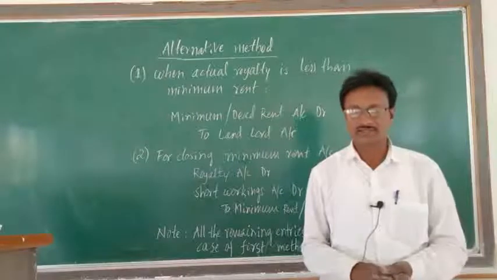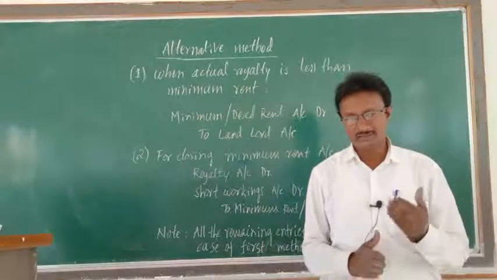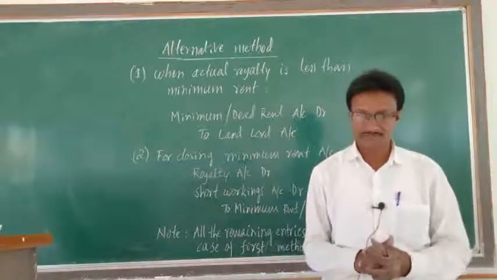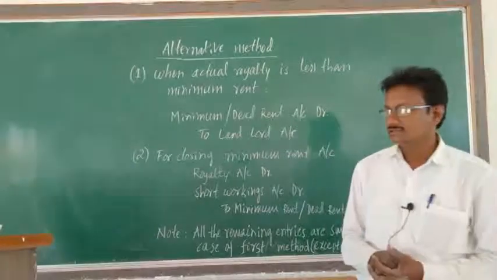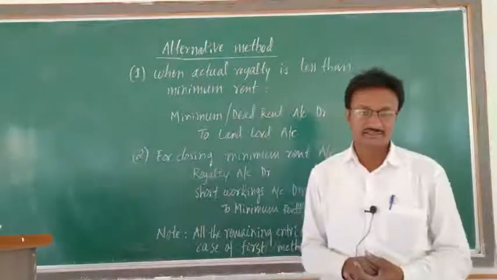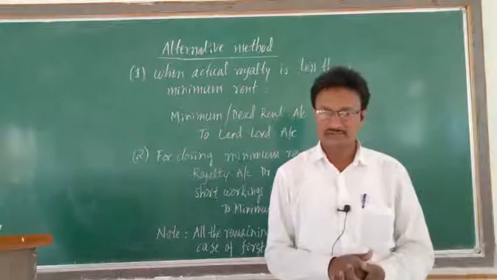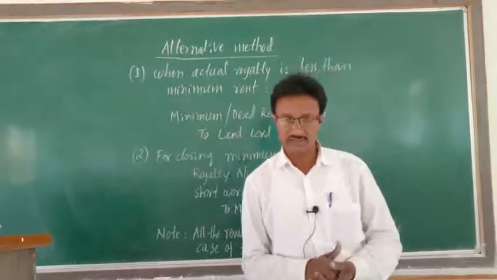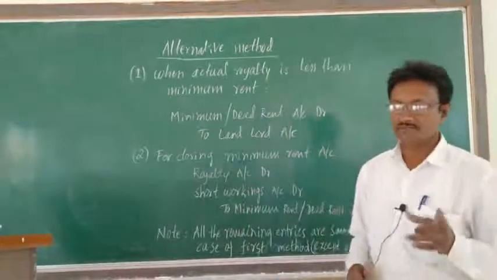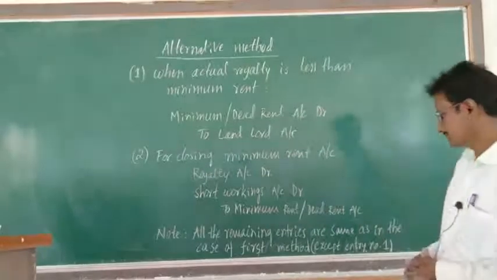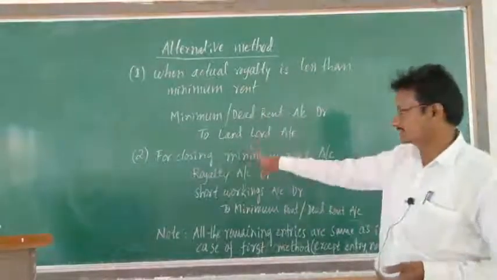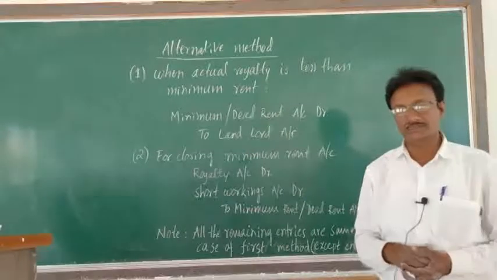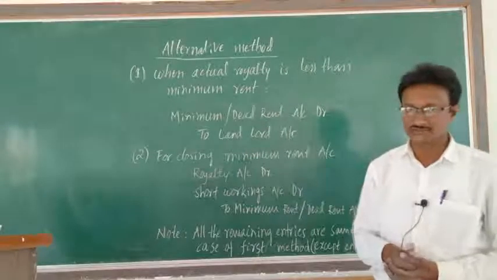When royalty is less than minimum rent or minimum fixed amount, then the journal entry is royalty account debit, short workings account debit to landlord account, but instead of passing one entry, we are passing two entries by opening a minimum rent account.